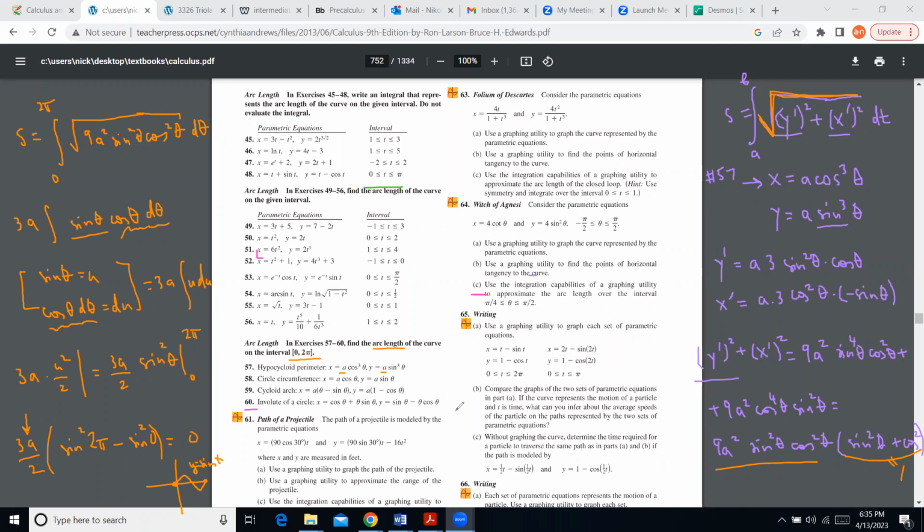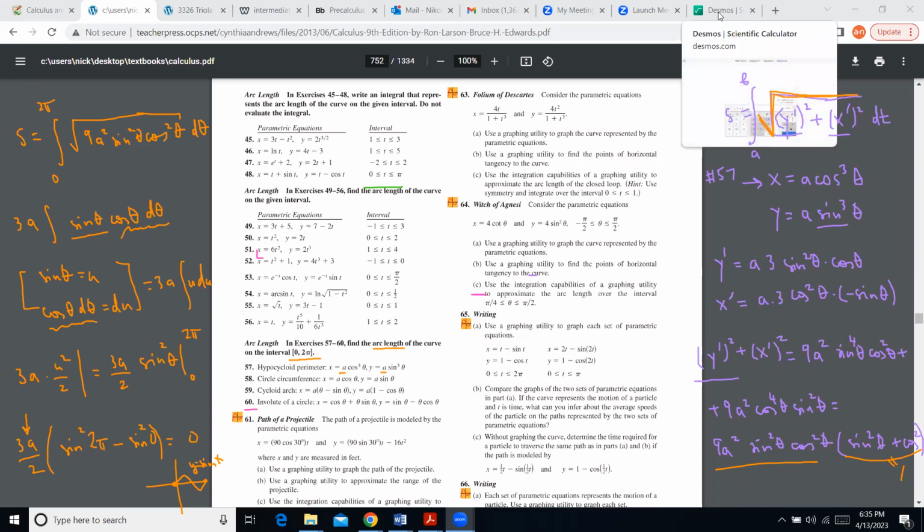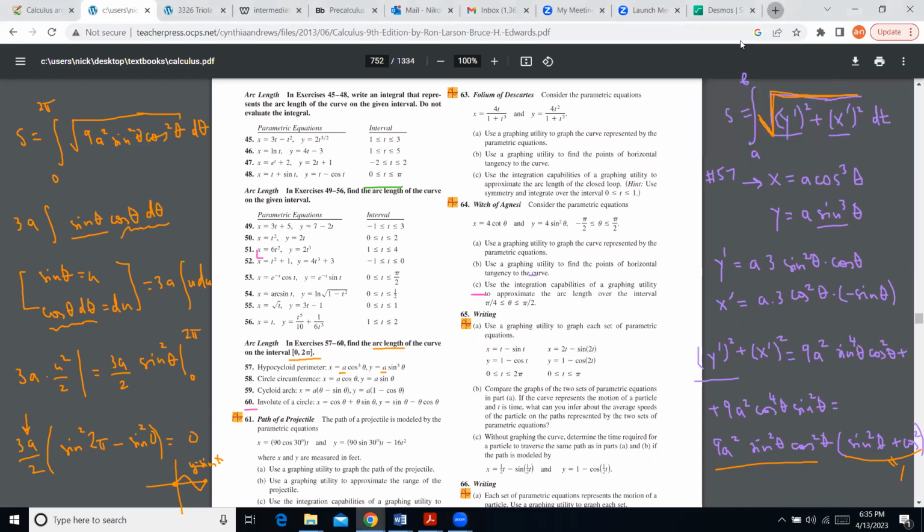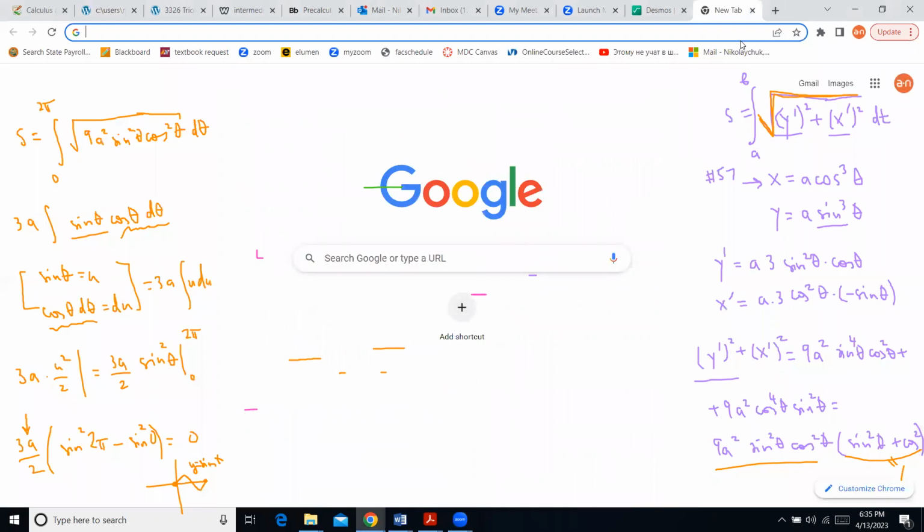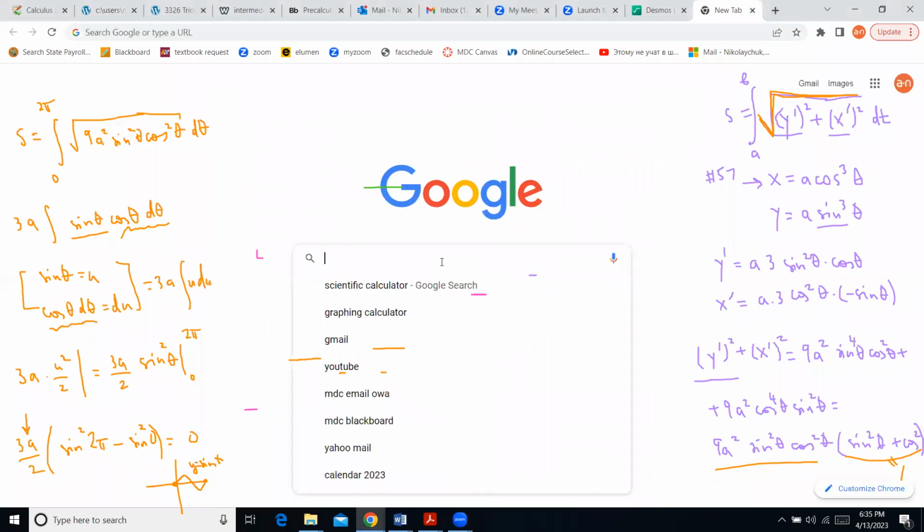How would you know that? Well, you probably should graph it, but they don't ask you to do the graphing, and I can actually try to graph it using some technology. I'm not sure if Desmos is going to be useful here. Let me try to see if I can graph parametric.